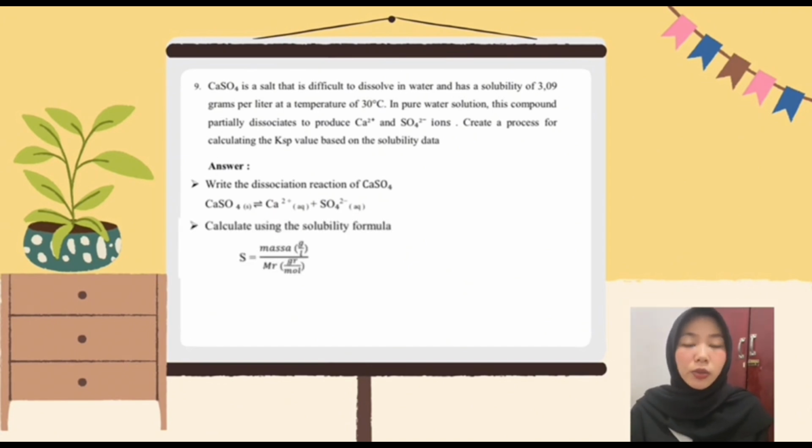To calculate solubility, we can use the formula, namely S equals the mass in grams per liter divided by Mr, grams per mole. Then we substitute into the formula: 0.09 divided by 136.14.